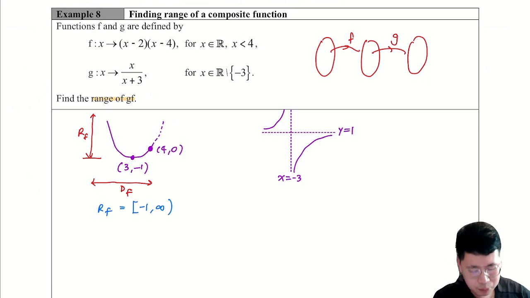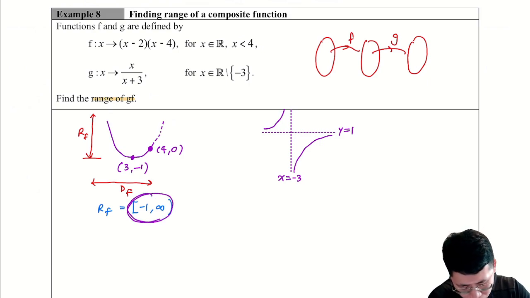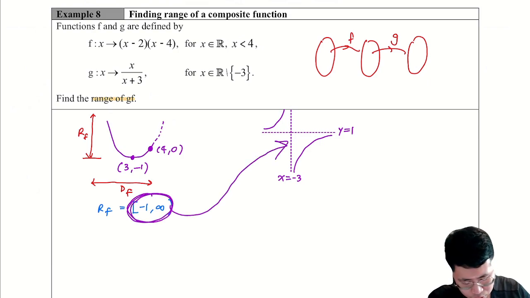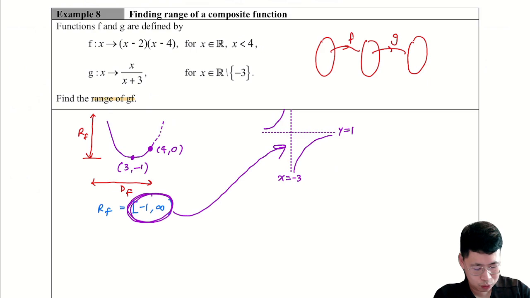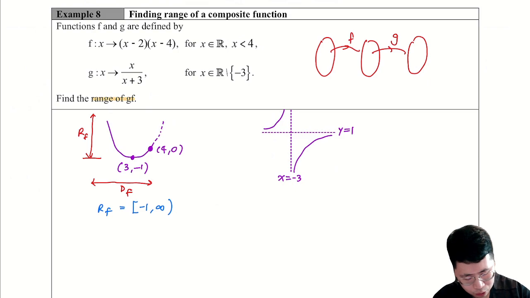So what we're going to do is substitute in, or fit in, this range of f into this function, so that we restrict the domain of this function to just the range of f, because the values that we are putting in are just the range of f. So we are going to start at this part over here.